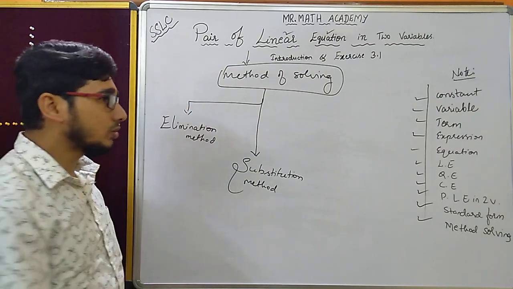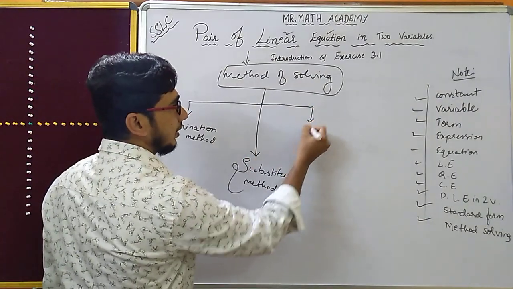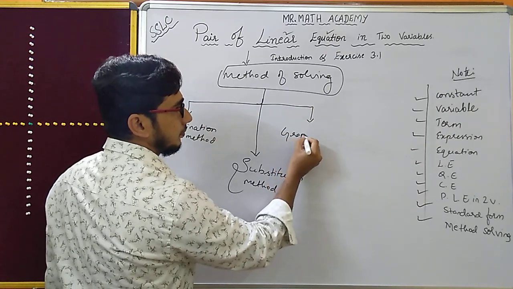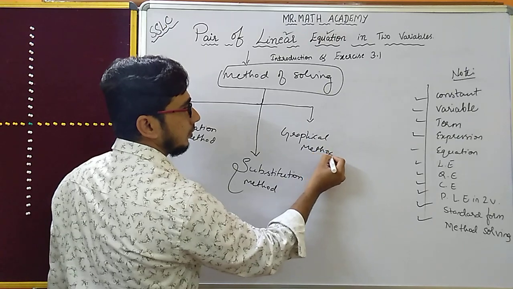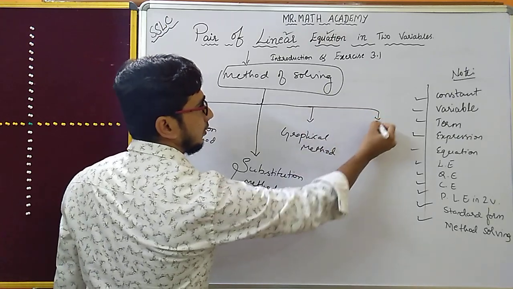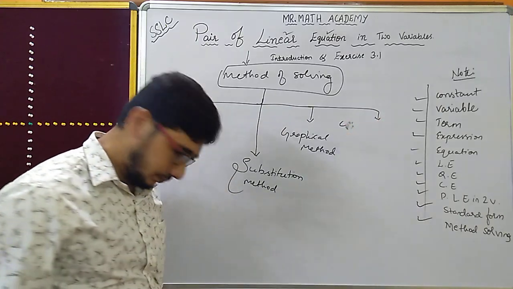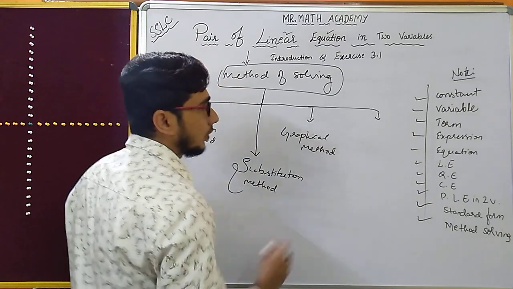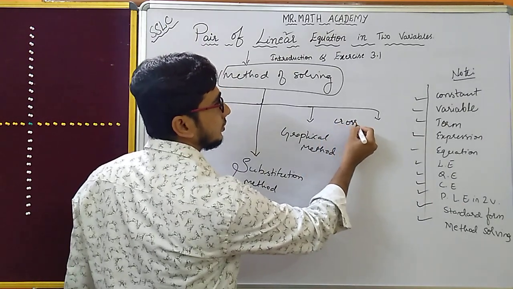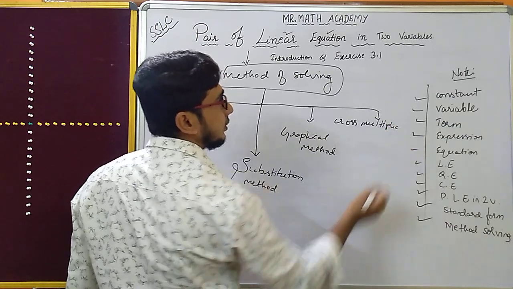The third one is the graphical method. One more is there, the cross multiplication method.